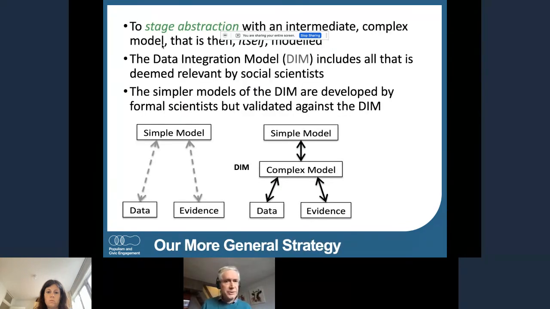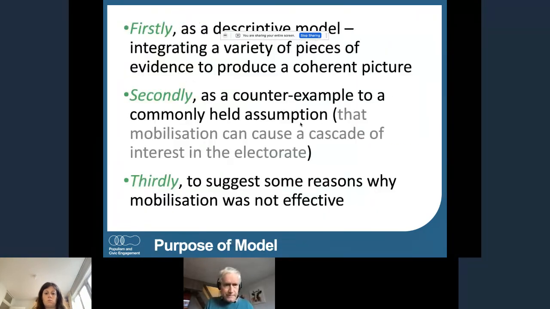Our approach was to stage abstraction. So instead of doing a big jump to a simple model from data and evidence, we stage this by having a complex descriptive model first, which relates to the data and evidence, and then later abstracted that to a simpler model. So essentially the bottom stage was more about representation and the second stage about simplification.